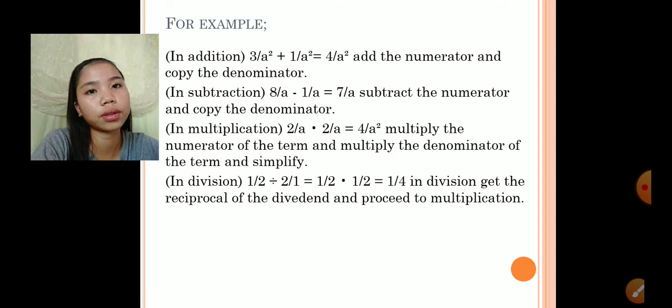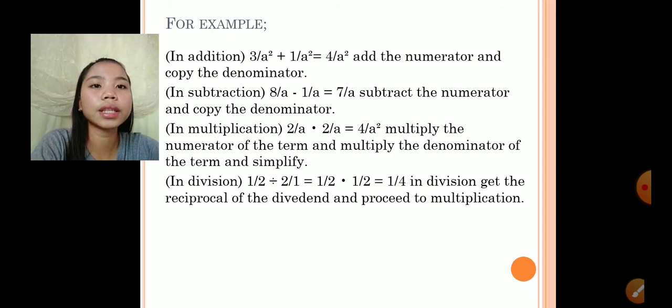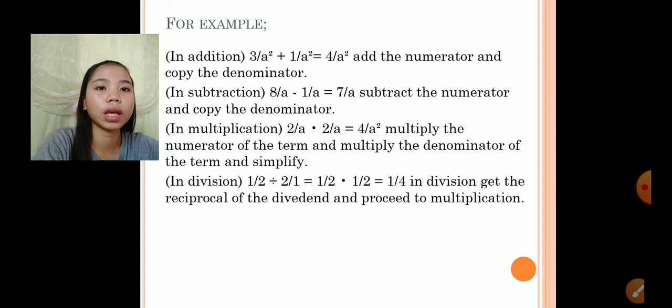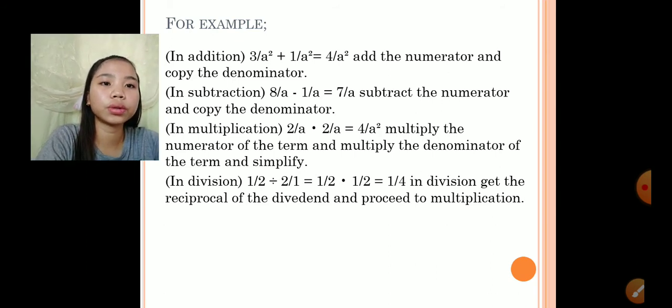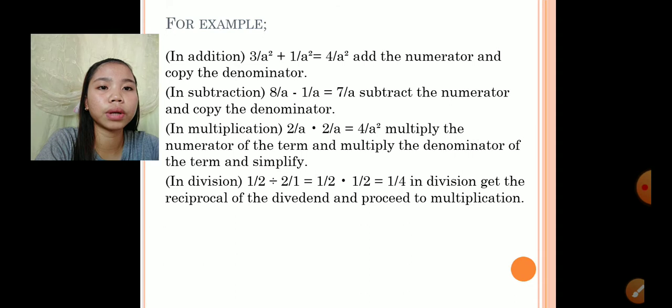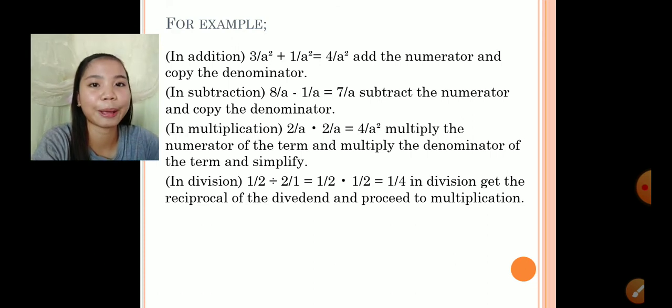In subtraction, 8 over a minus 1 over a is equal to 7 over a. Subtract the numerator and copy the denominator. In multiplication, 2 over a times 2 over a is equal to 4 over a squared. Multiply the numerator of the term and multiply the denominator of the term and simplify.